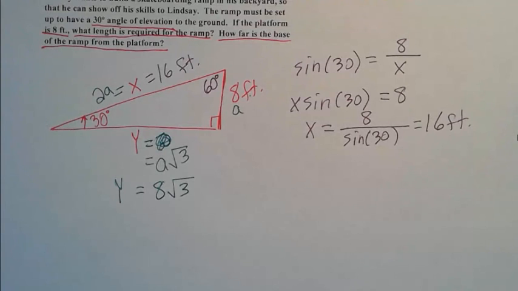And lastly, we did a word problem where you could use special right triangles to solve for your answer. And that concludes our video lesson on trigonometry word problems that require drawing a diagram in order to solve the problem. It is always a good idea to draw these diagrams so you can avoid mistakes.